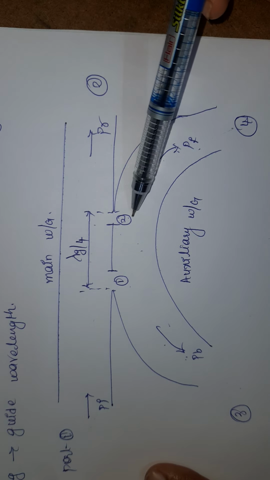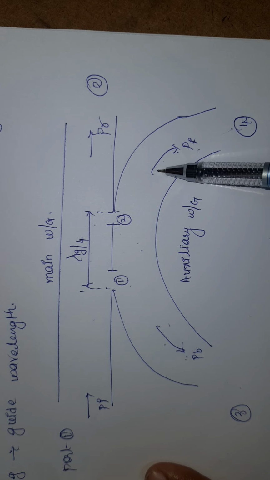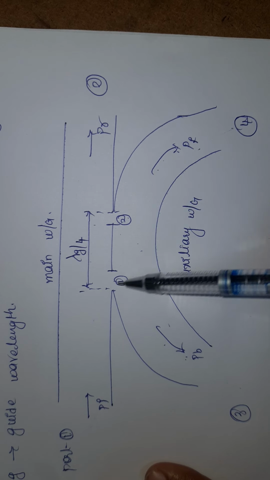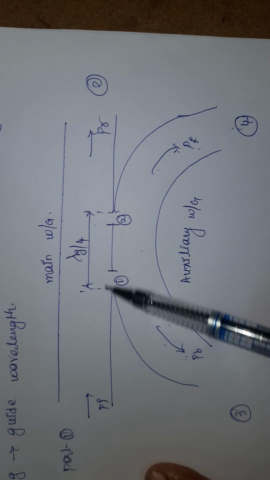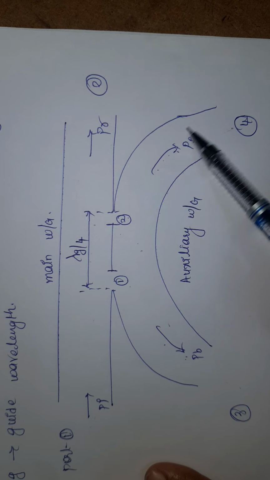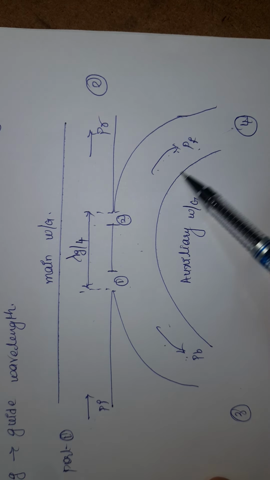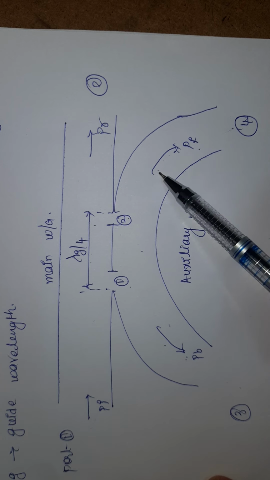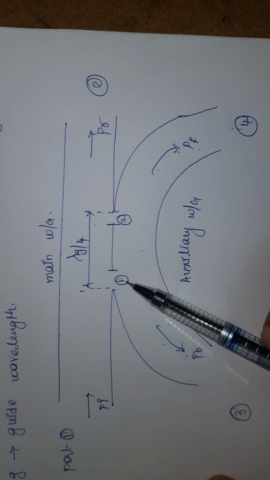If the powers are in phase, one power is coming like this and another power is coming like this, and these two are in phase. These two powers are moving in this direction only, in phase. So they are added together and that power contributes to the forward power. But as I said, the power at position 1 is out of phase by 180 degrees.